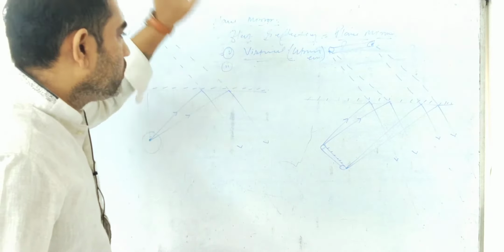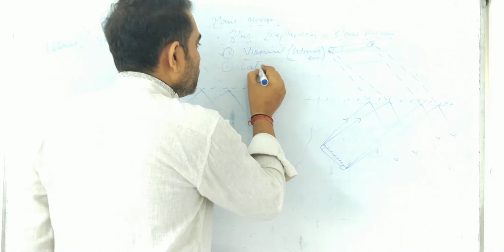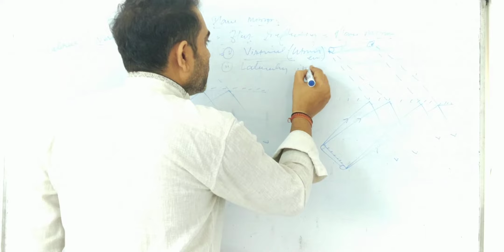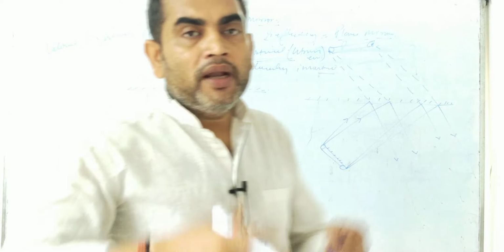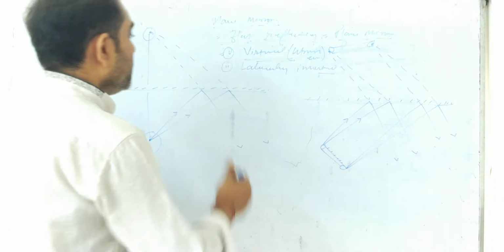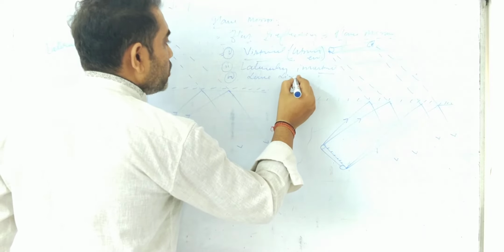The second one, the image formed is laterally inverted. I am going to write only those points which you can observe while keeping yourself in front of the mirror.